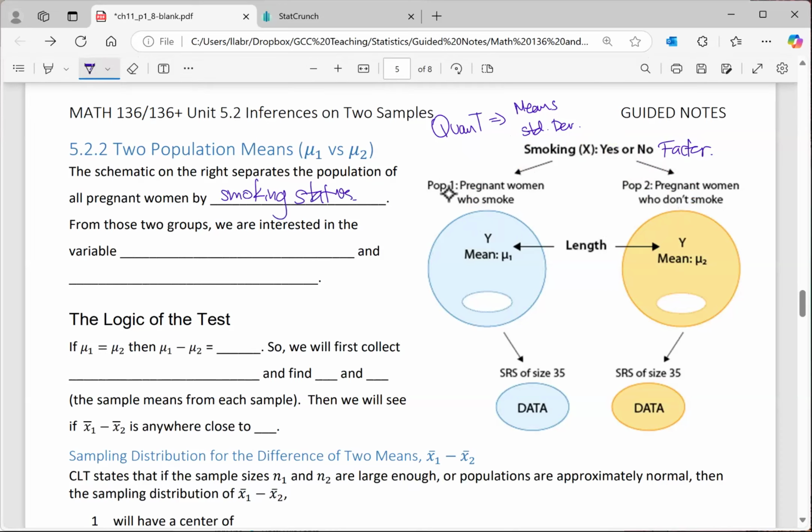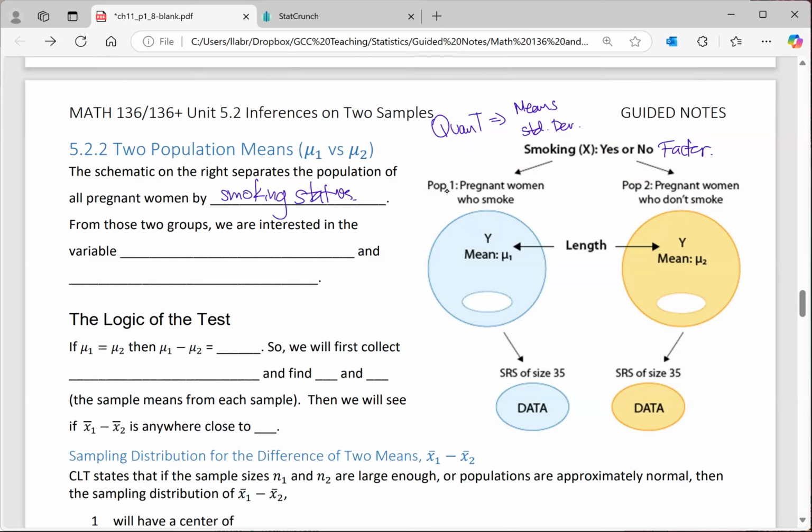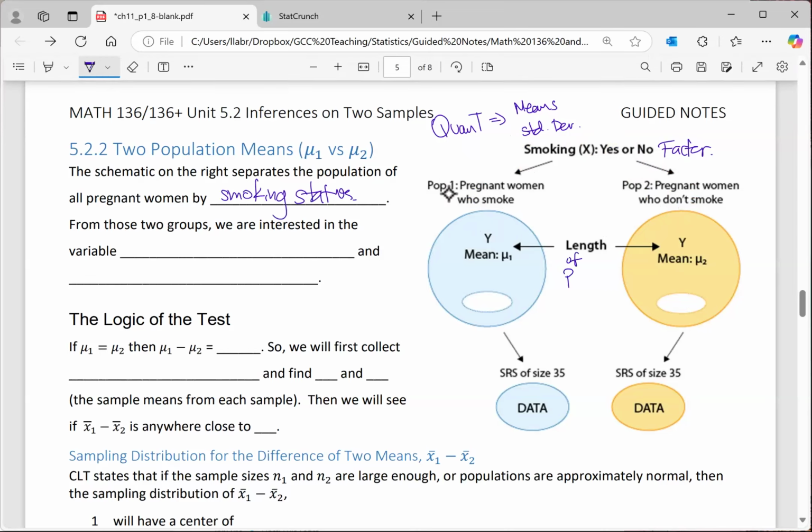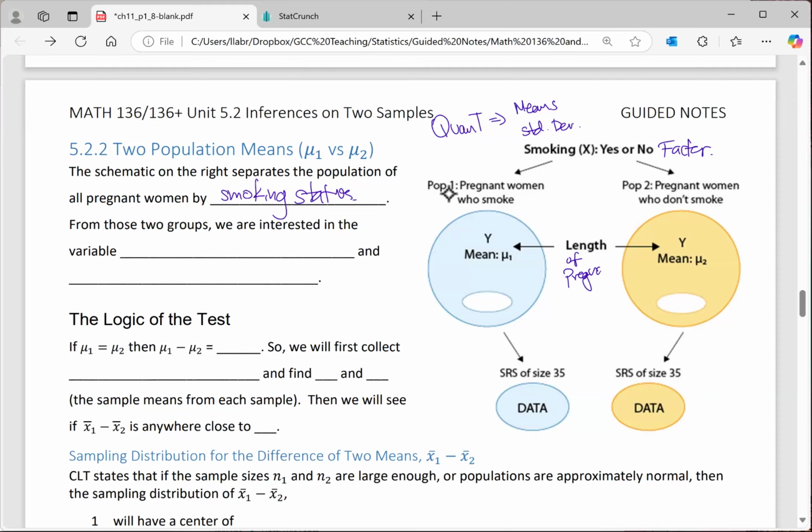From those two groups, we clearly have a population. We're going to be interested, I guess, in the length. It could be the length of pregnancy or length of the baby, or length of any other trait related to their pregnancy.